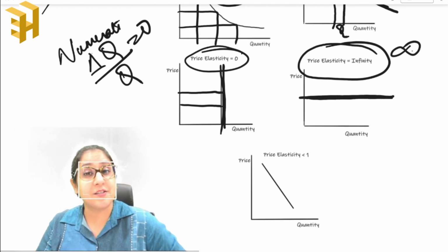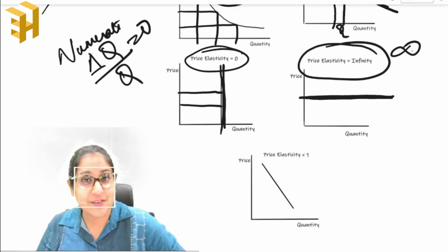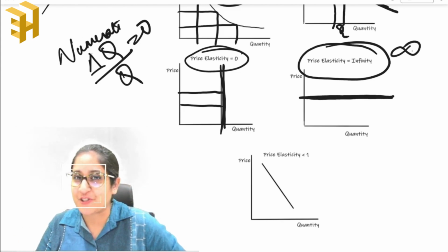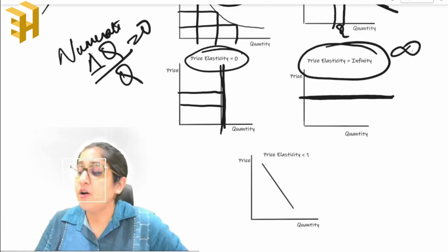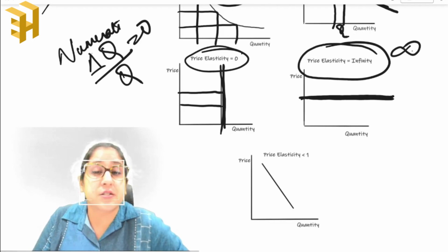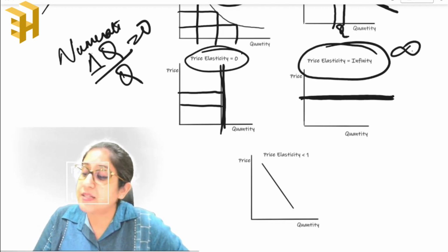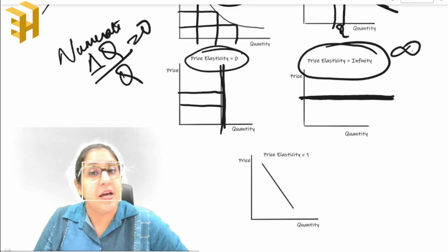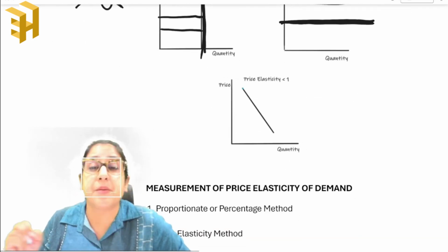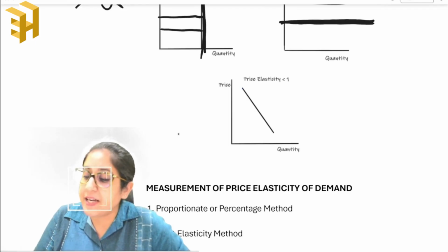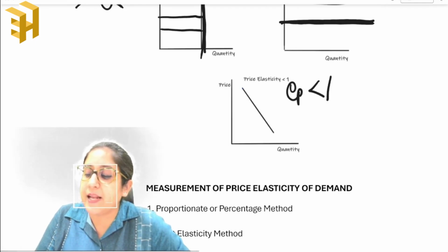Which market structure has a horizontal demand curve? Perfect competition. We'll do that in the upcoming videos as well. So whenever there is a horizontal demand curve, the price elasticity is considered to be infinity. And when there is a steep demand curve, price elasticity is less than 1.